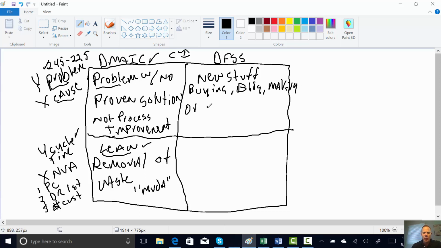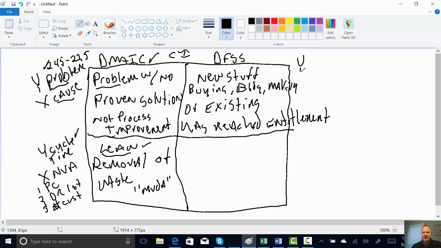Or where, and this is particularly for manufacturers, the existing has reached entitlement. So there, minor improvement is not enough. Entitlement. I did not leave myself enough room here, did I? So let me explain entitlement real quick. By the way, the Y for Design for Six Sigma is the customer needs, and the X is the solution.